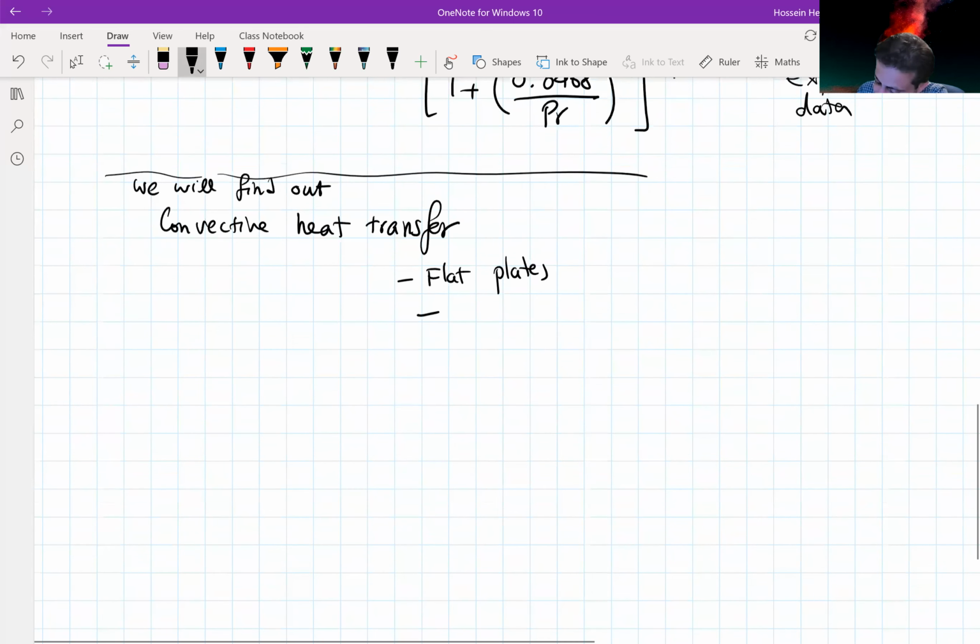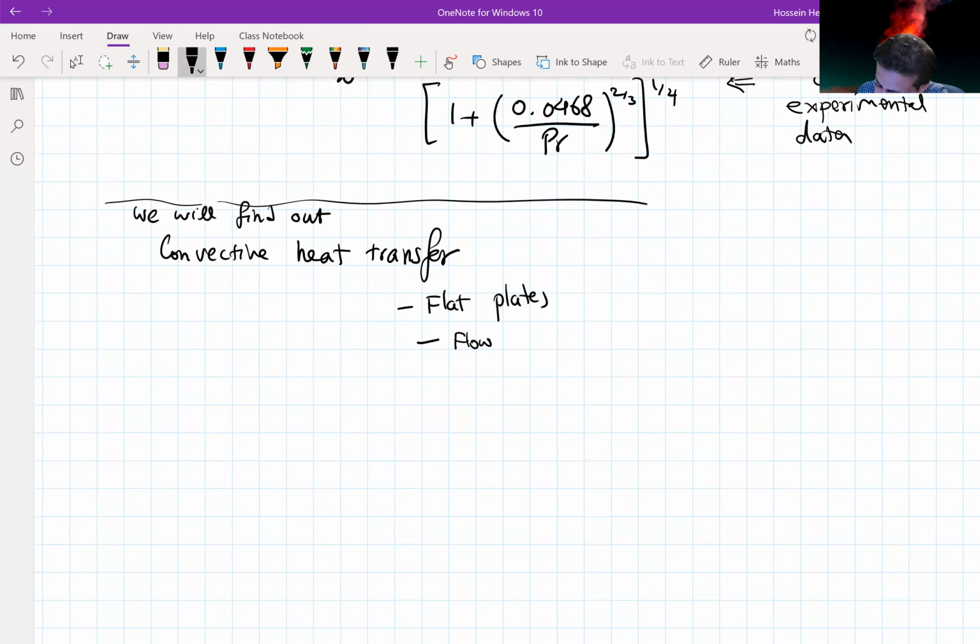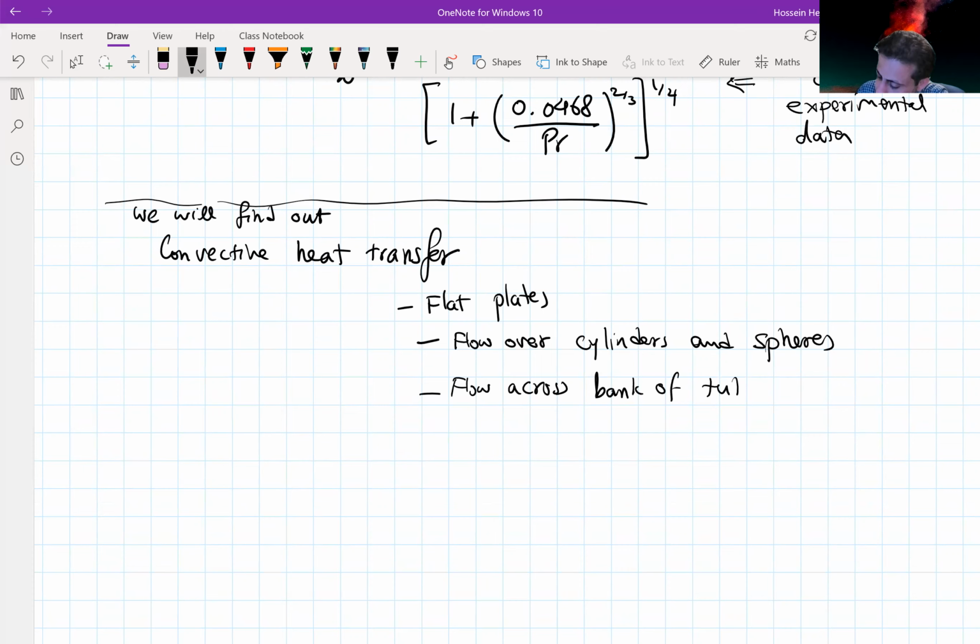Now we look at flow over cylinders and spheres, or flow across a bank of tubes. And the last one is what we use for heat exchanger design.